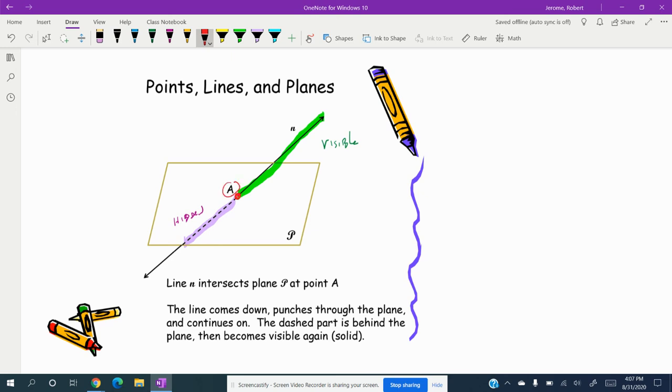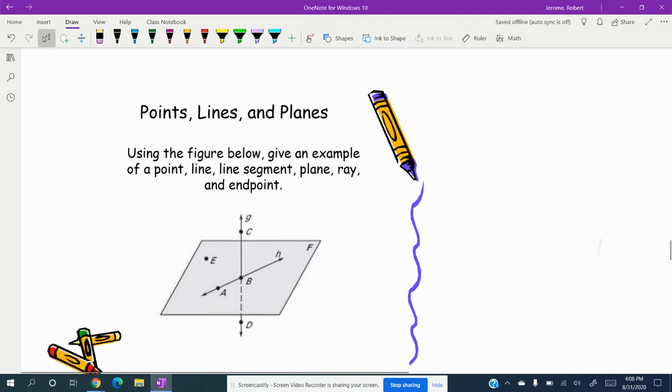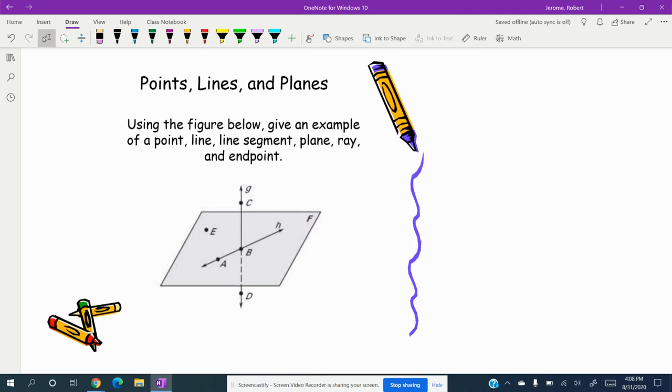So at point A. So what we have here is line N intersecting plane P at point A. So it comes down, it punches through the surface, and it keeps going like a telephone pole. It punches through the surface of the ground and keeps going. So again, we want to know what these things are and be able to identify them and name them correctly.